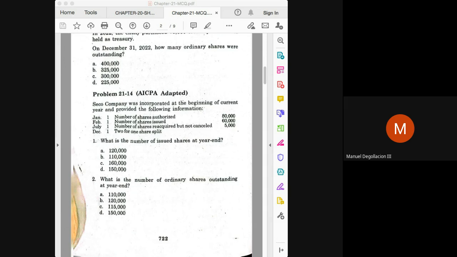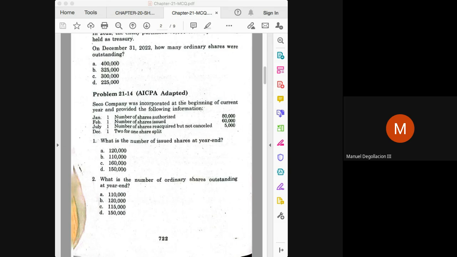Seco Company was incorporated at the beginning of current year and provided the following information. January 1, number of shares authorized, 80,000. Okay, take note, this is just the authorized. Okay, this is not yet issued. February 1, number of shares issued, we have 60,000. And then what happened on July 1, number of shares reacquired but not cancelled.